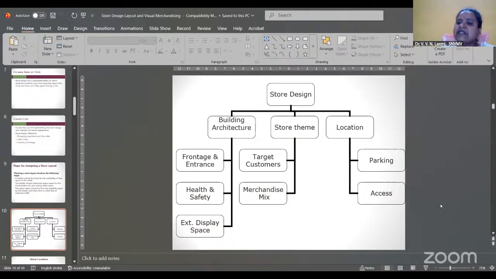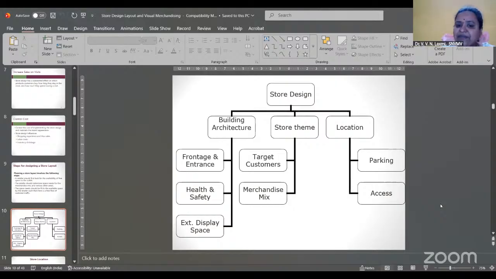The second one is the store theme, that is, what merchandise mix is carried by the store and who the target customers are. Because a grocery store cannot be the same as a jewelry store, which cannot be the same as an electronics goods store, and that cannot be the same for a store that is carrying paints or something else.